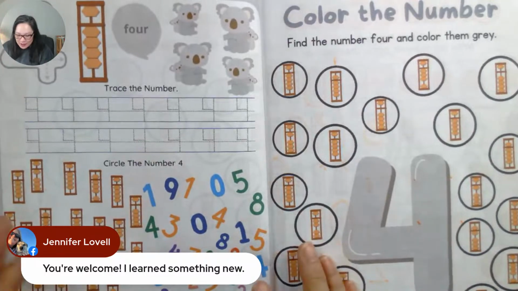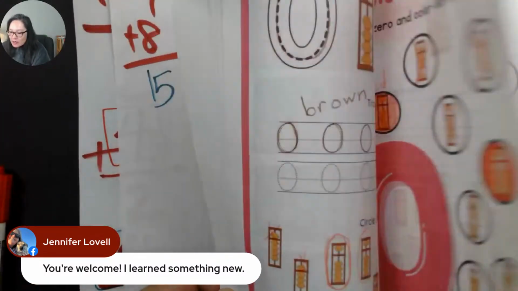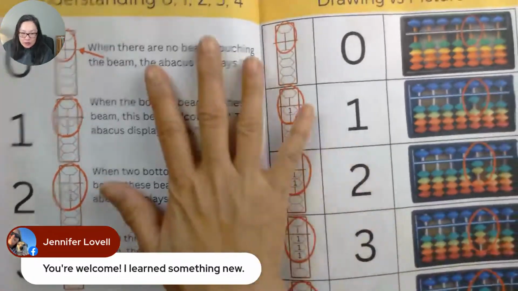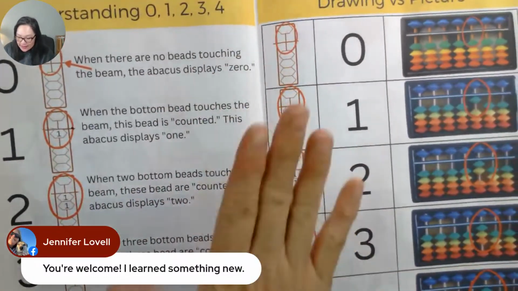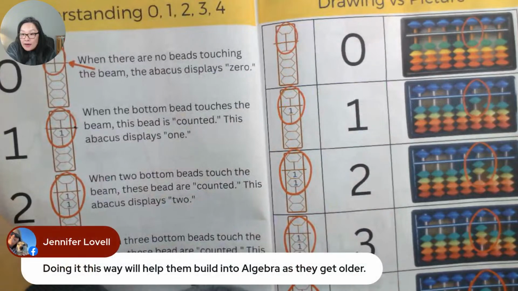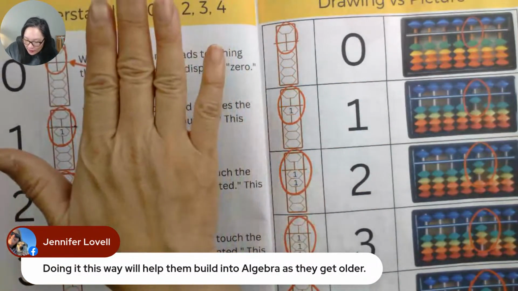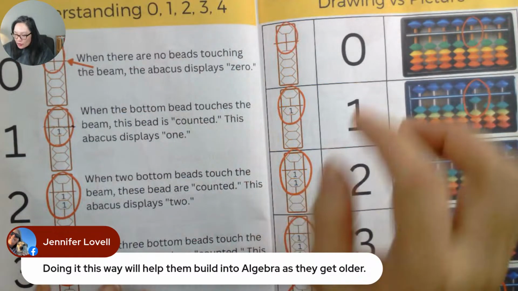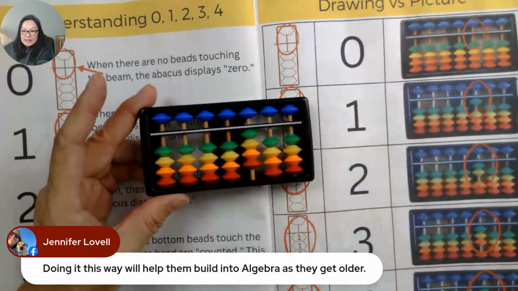Okay. So in the beginning of the book, we start talking about how to read the abacus. When we do the bottom beads, it makes sense, right?